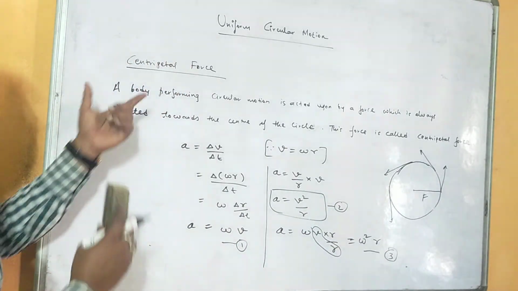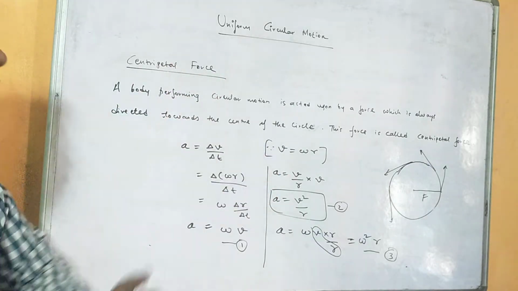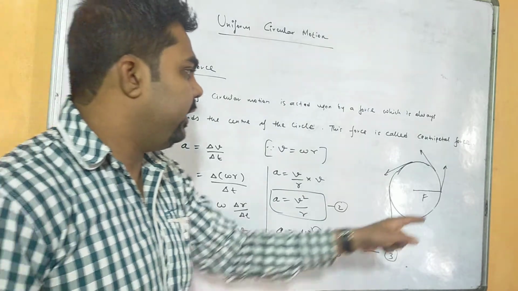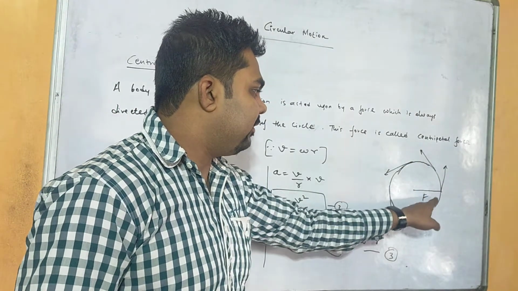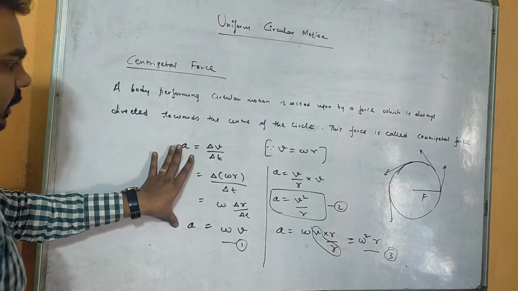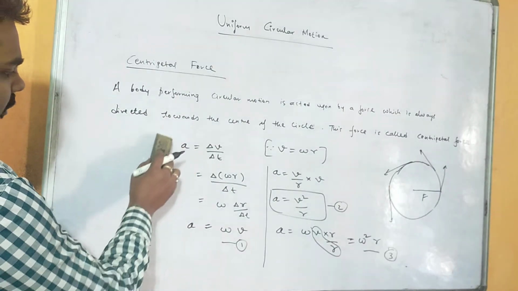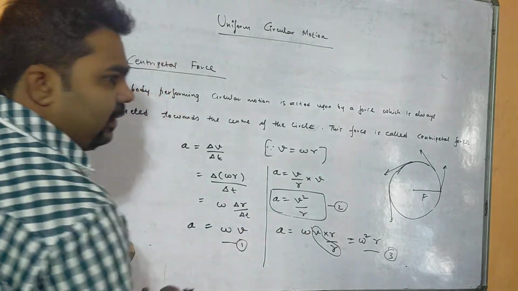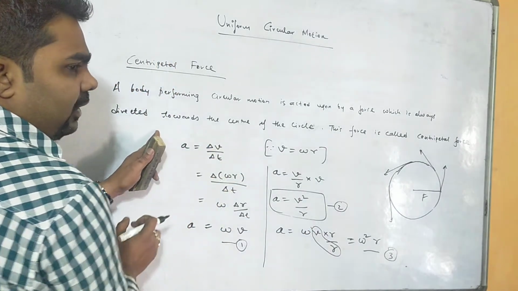Now centripetal force means F equals ma, that means the acceleration acquired by a particle when it is in a circular path, that acceleration is considered to be centripetal acceleration. Okay, so this one you will note in your exercise book. So this was the expression for acceleration, and this one we will consider as centripetal acceleration. So you can give the topic centripetal acceleration.